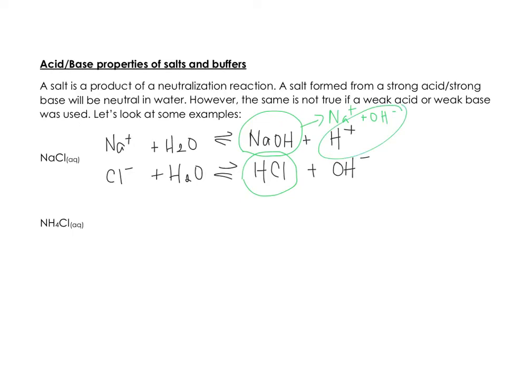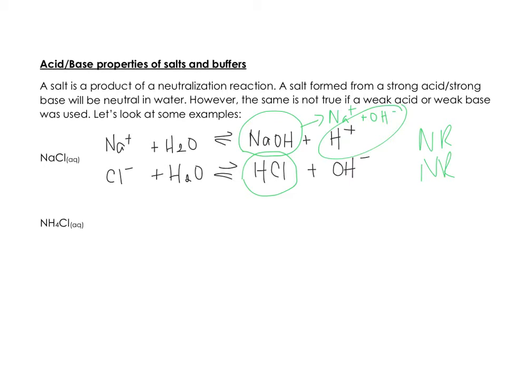So really, there's no reaction. That is why sodium chloride will have a neutral solution, because we have Na plus ions, Cl minus, and water. There's no H plus, there's no OH minus. So the salt from a strong acid and strong base is neutral.